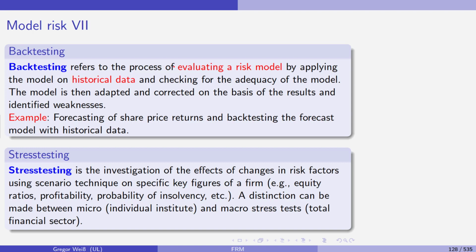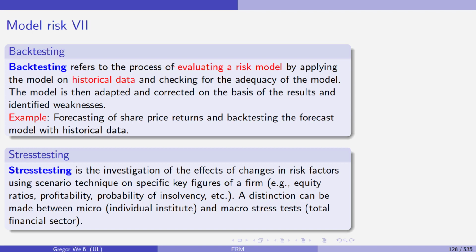For example, you forecast share price returns, you backtest the forecast with historical data, and if you see that you have too high deviations between your forecasted returns and the historical returns, then something's off and you should check your model.